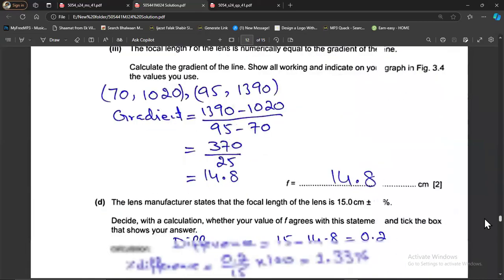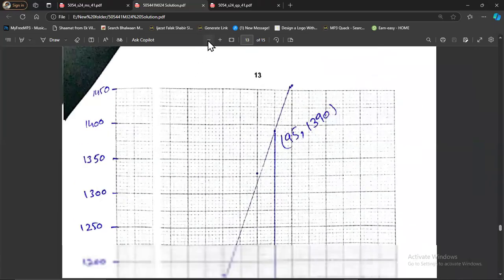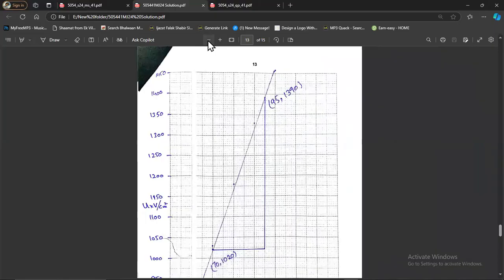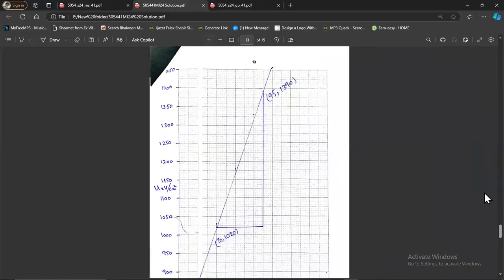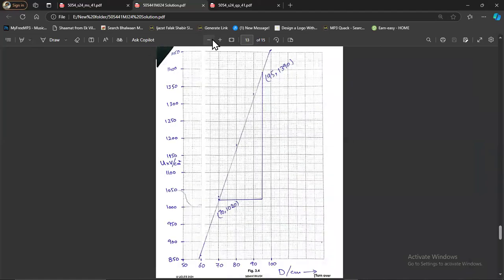On the next page, we have that graph. Let me show you that graph. Okay, we have to reduce the size. So here you can see I started from 50. So this is your 60, this is 70, this is 80, this is 90, this is 100.